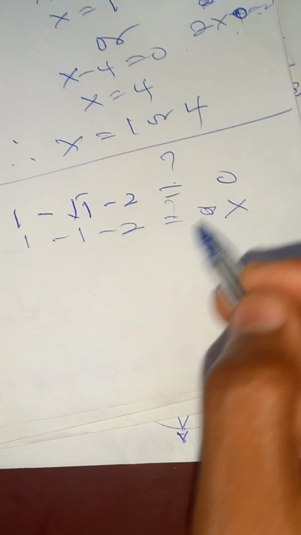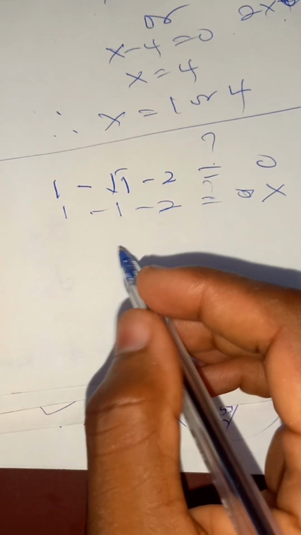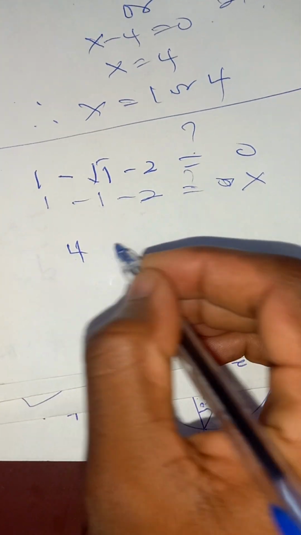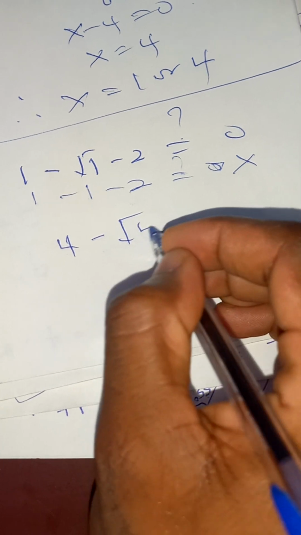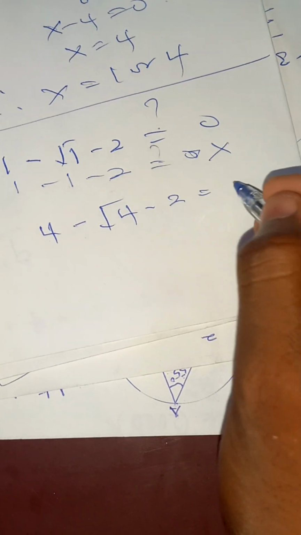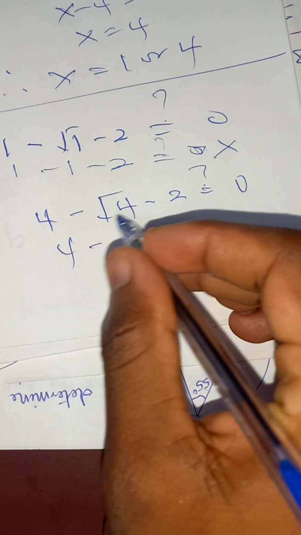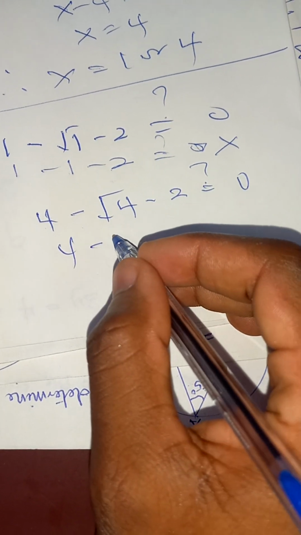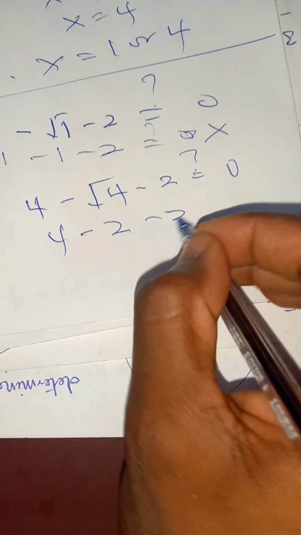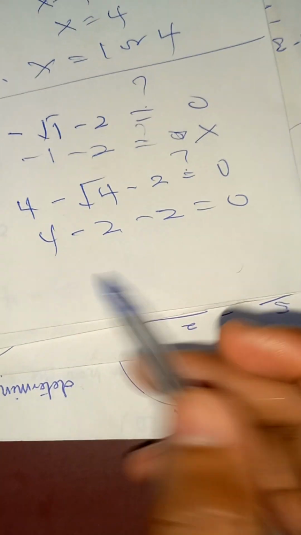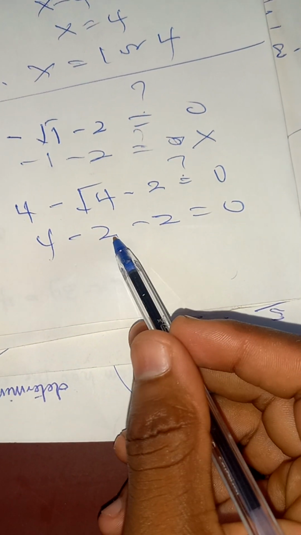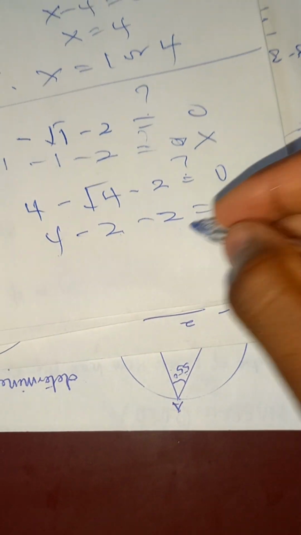So this doesn't qualify. Then let's test for 4. 4 minus square root of 4 minus 2. Let's see if it is equal to 0. So 4 minus square root of 4 is equal to 4 minus 2. Let's see if we are going to get 0. 4 minus 2, that will be 2. 2 minus 2, that will give us 0.